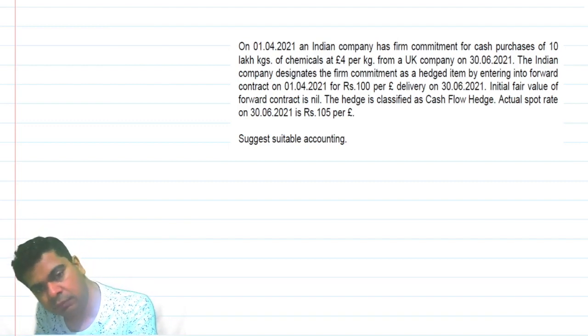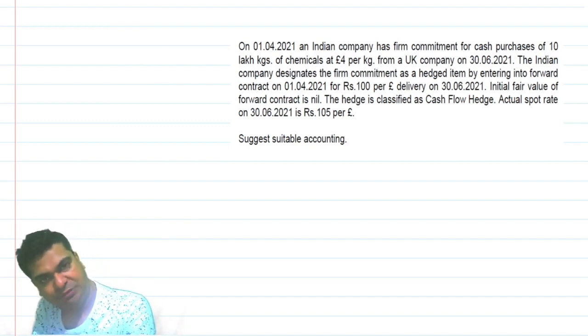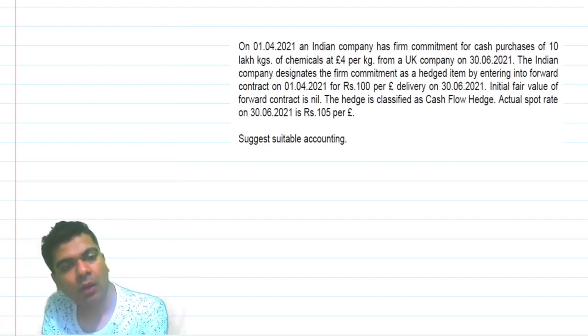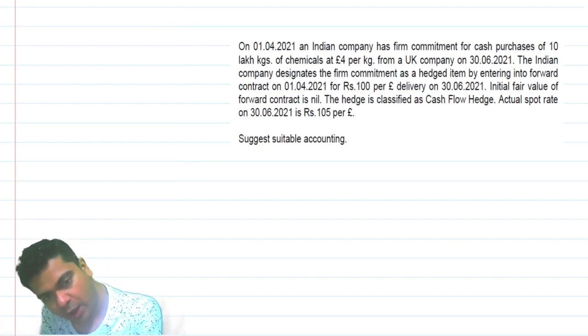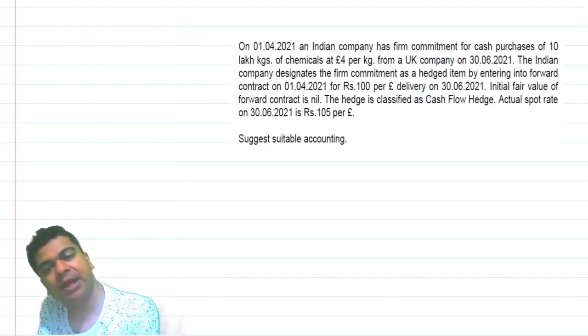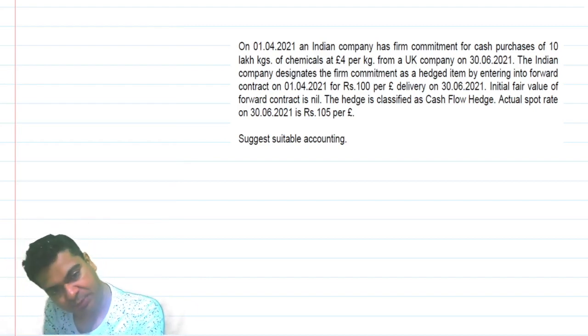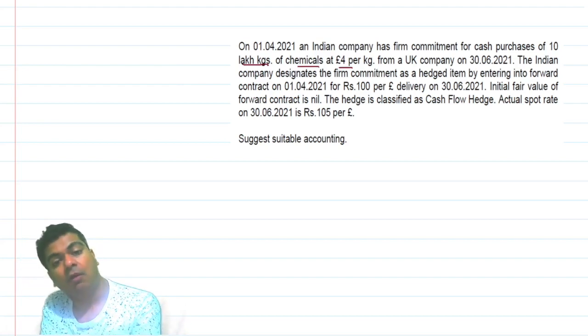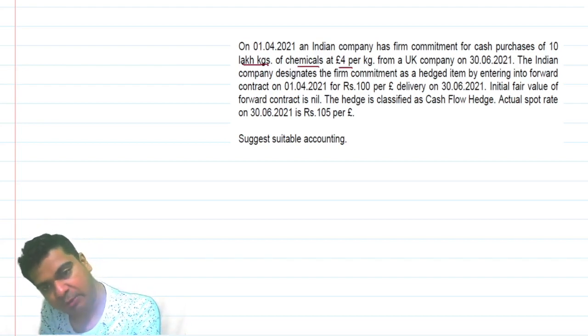Let us see a question on cash flow hedge reserve. So a lot of things will then become clear. They are saying on 1st April 2021, an Indian company has a firm commitment for cash purchases of 10 lakh kgs of chemicals at £4 per kg from a UK company on 30th June 2021.